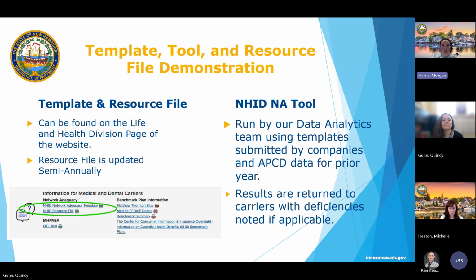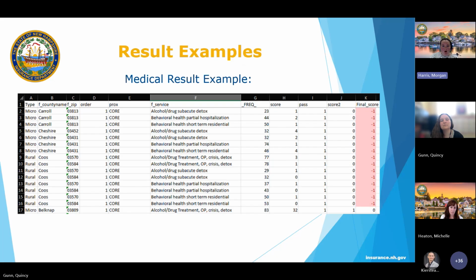Next slide, please, Quincy. I'm going to walk you all through what a medical and a dental result would look like, so you know what all the variables are and how to interpret them. It's really important to know that when we see red, we think it's scary and automatically a failure.